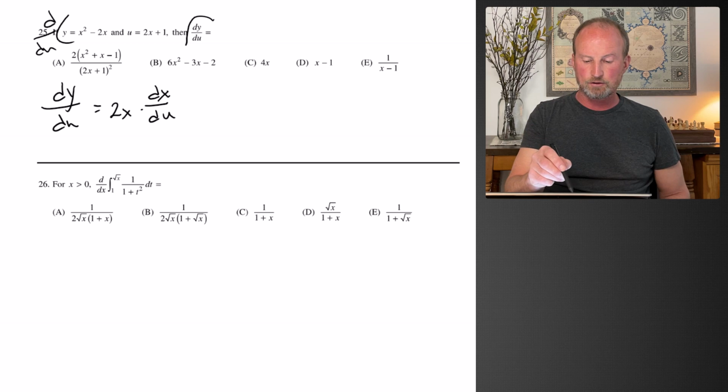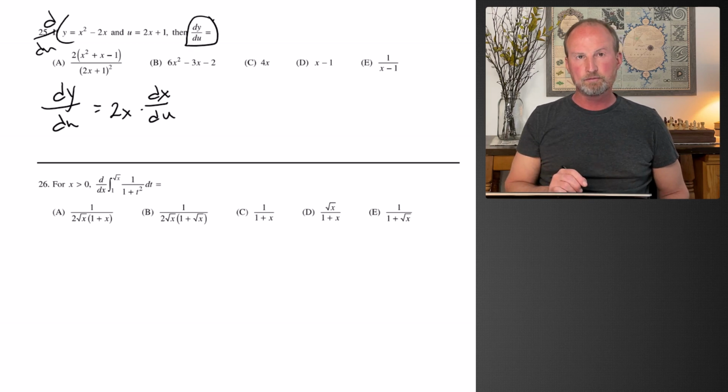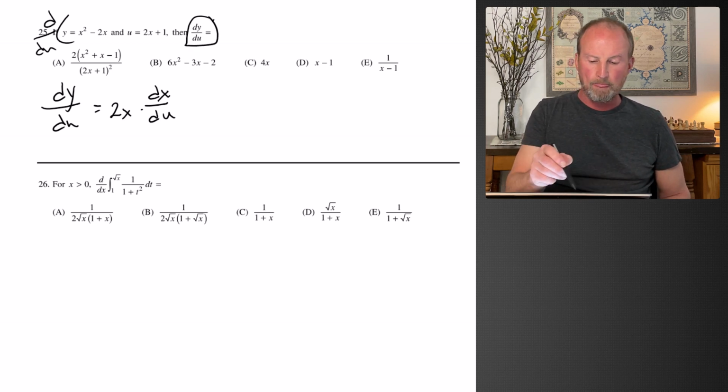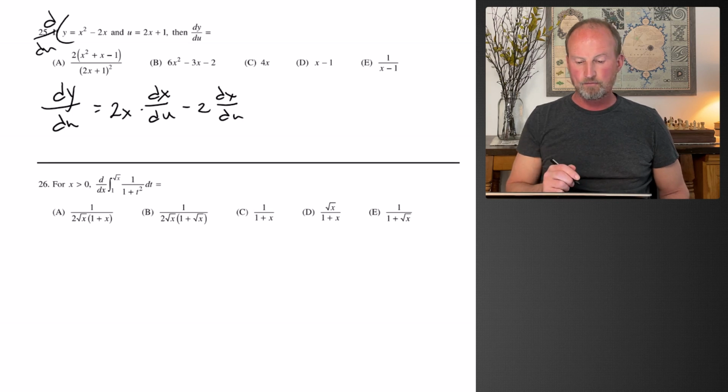Why? Because that's what it tells me to do. Okay? So then this becomes minus 2 dx/du. I'm looking for dy/du, and I have this mess in terms of dx/du's. I don't see any dx/du's in my answers. So what is dx/du?